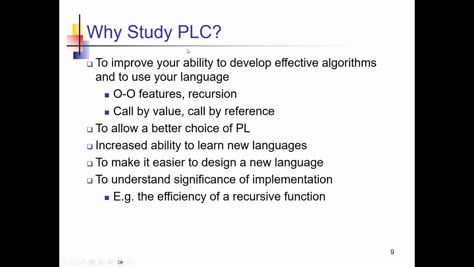So why study PLC, programming language concepts? Here is to improve our ability to develop effective algorithms and also to use our language. For example, we may understand more details about the concepts of object-oriented features, recursion, call by value, call by reference, also to allow a better choice of programming language.